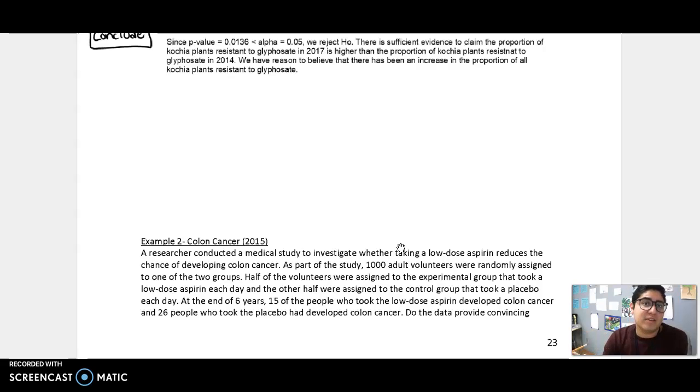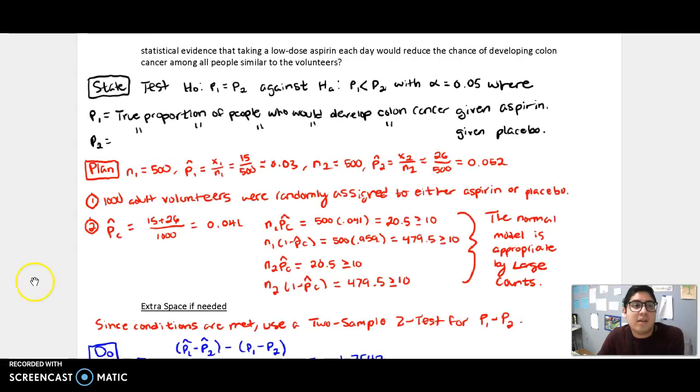Also, the independent groups: if you're getting one treatment and I'm getting another treatment, it's implied that those two treatments would not have influence on one another. So when we're using randomized experiments, we only have to check the normality condition and the random assignment condition. So go ahead and read over this problem, give yourself about 10 to 15 minutes to try it out, and then we'll review the answers together.